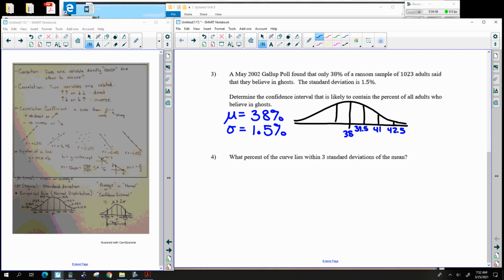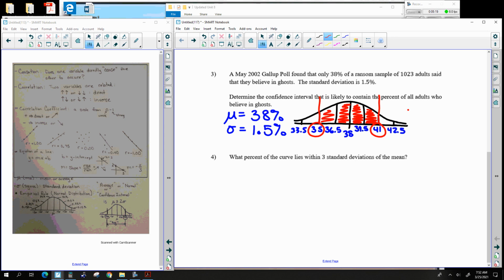And then we also go standard deviations down. So this would be 36.5, this would be 35, and this would be 33.5. So now going 2 up from the average, with the average right in the middle, 2 up and then 2 down gives us an interval that is between 35 and 41%.